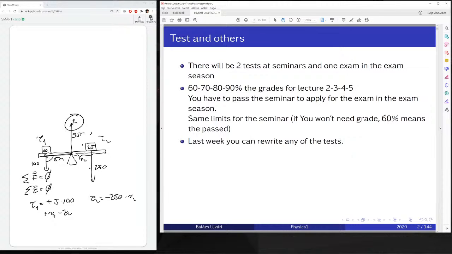This means 500 equals 250 R2, divided by 250, R2 has to be 2 meter. So the capital R, the reaction force, is 350 Newton, and R2, where I should position the box to keep the seesaw balanced, is 2 meter.